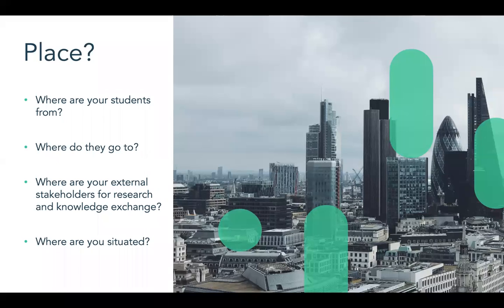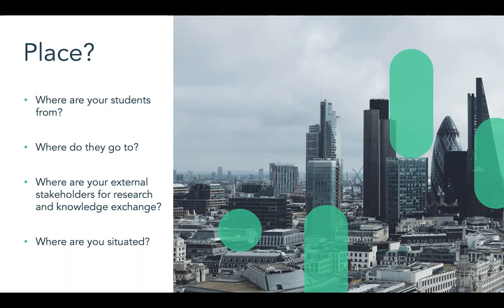And at EMSI, when we produce free labour market insight reports for universities, we usually use LEP regions as an easy proxy for a university's region of interest. But of course, this may not reflect reality. It could be too small a geography.